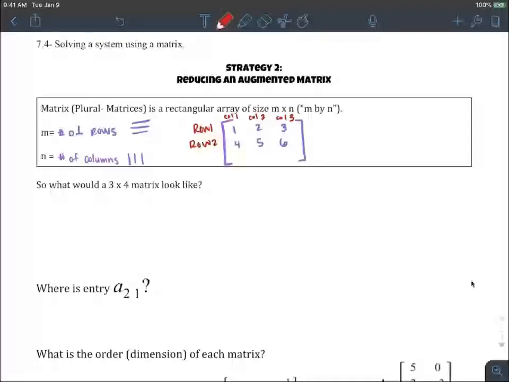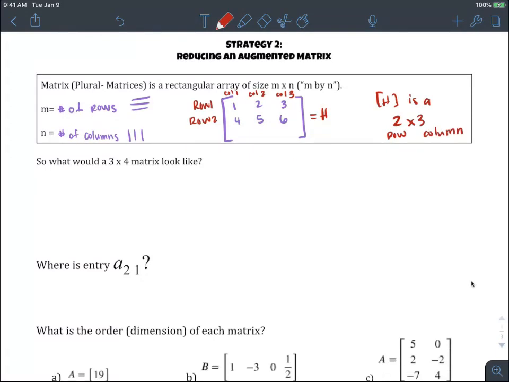Then we name these matrices, like H. So matrix H is equal to, let's say this. Matrix H is row by column, so 2 rows by 3 columns. Rows, columns. Okay.